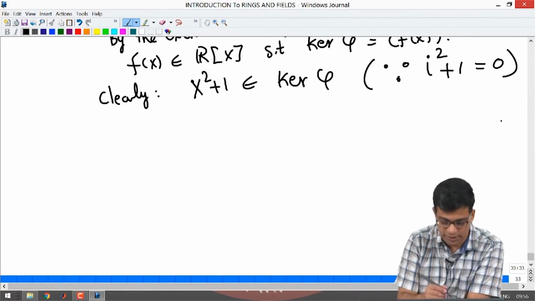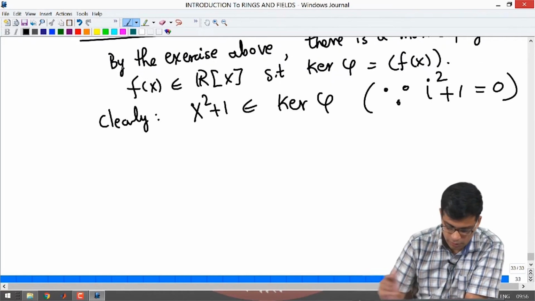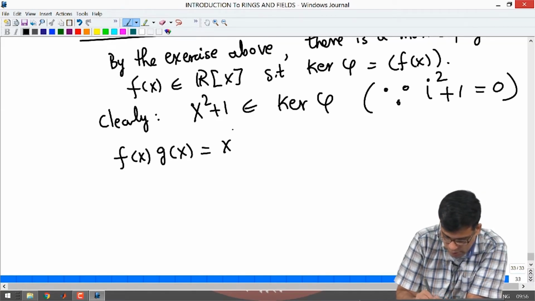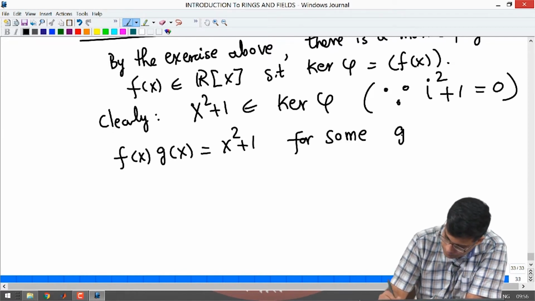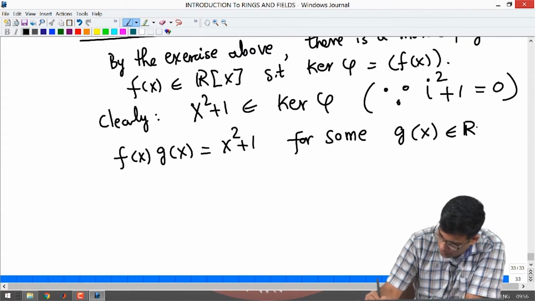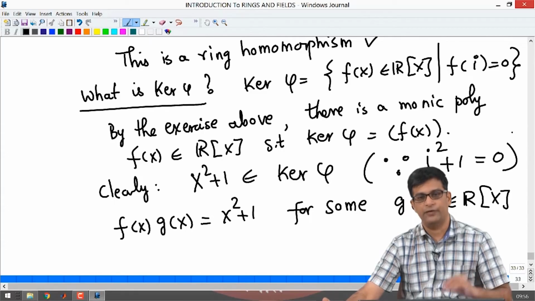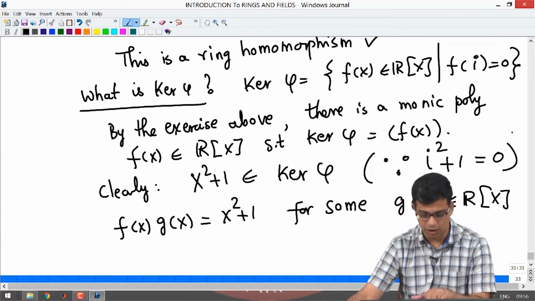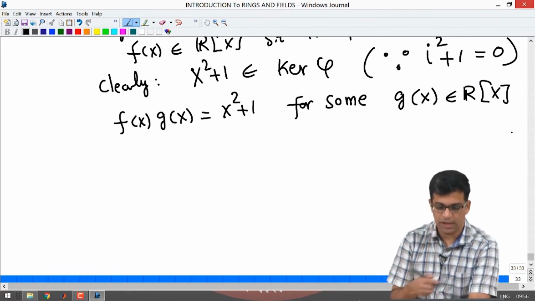So, that already means that if f is the generator of the kernel, then f(x) times g(x) is x squared plus 1 for some g(x). Remember, this is the definition of the ideal generated by f(x): every element of the ideal is a multiple of f(x). x squared plus 1 is an element of the kernel, so it must be a multiple of f(x).